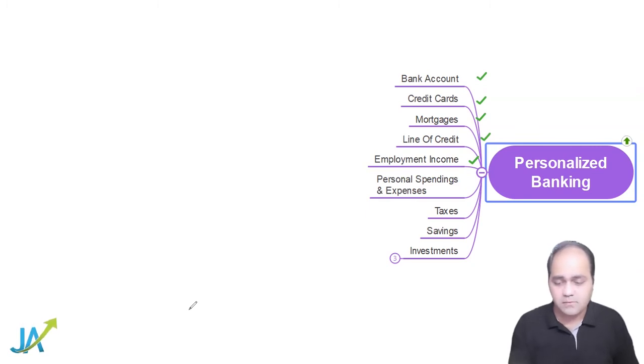Now let's talk about the personal spending and expenses. Here the important point is that expenses on self fitness and wellness are the expense amounts included in this section, the personal spending expenses.